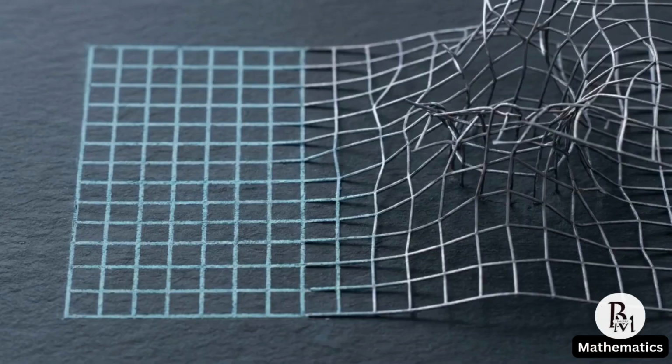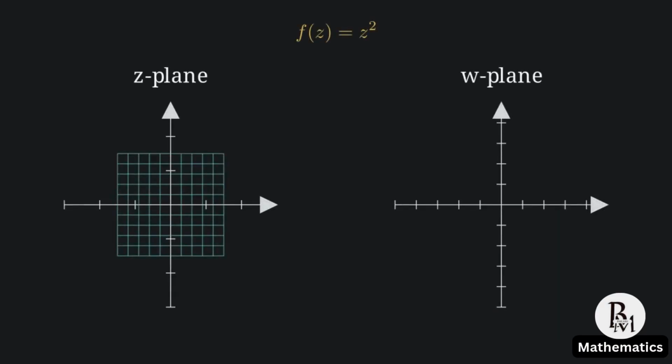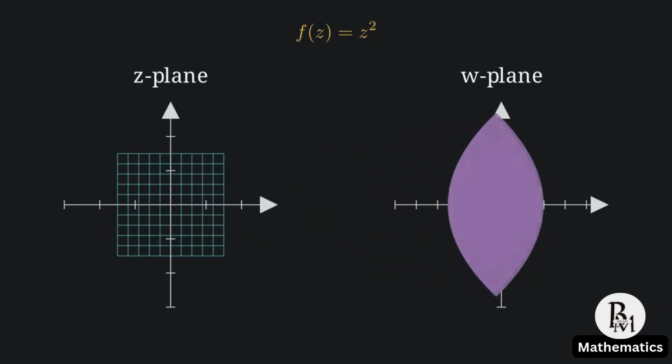When we introduce exponents, the transformations begin to distort the plane. Consider the square mapping, f of z equals z squared. When we apply this rule to a rigid square grid, the geometry bends. The coordinates stretch and flare out into a nonlinear web. This severe bending causes a standard 1-to-1 mapping rule to fail.